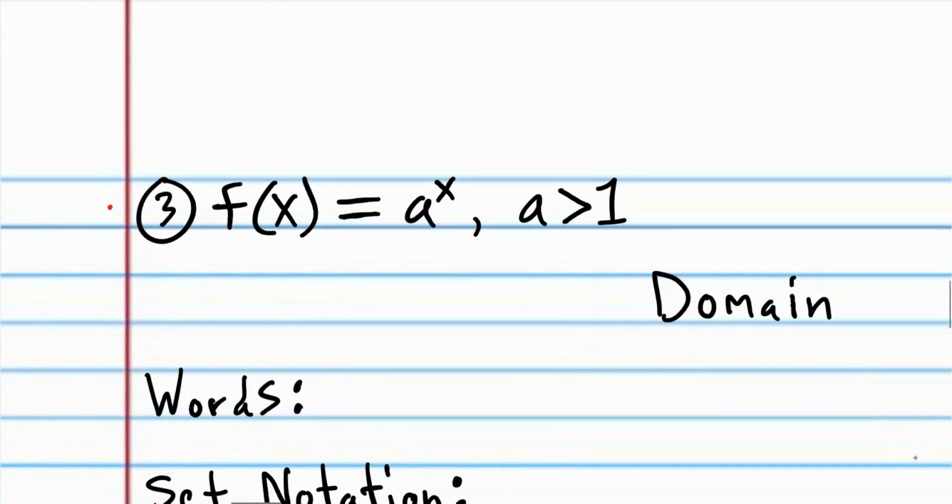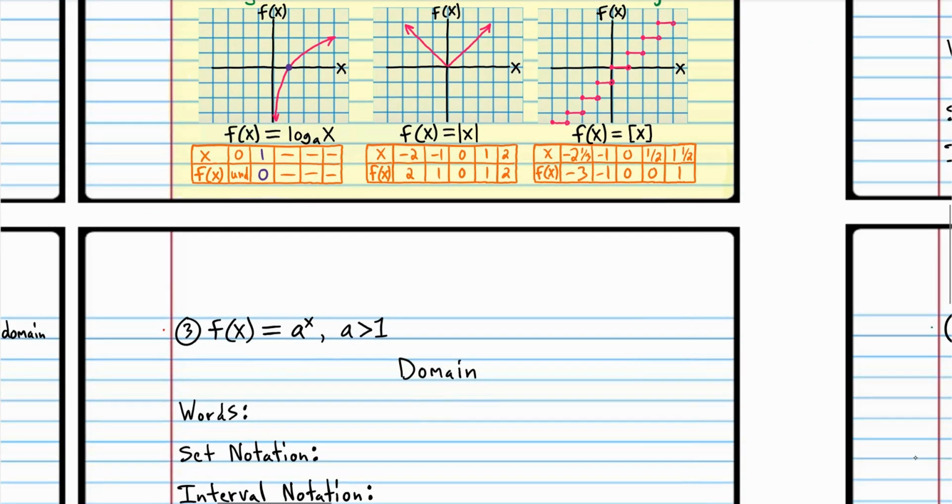Now we have the exponential function. Again, we're now calling it the exponential function rather than the exponential relation, but it's really just the same thing. But notice that the base is a. I'm just giving this equation an arbitrary base because it doesn't really matter what the base is.